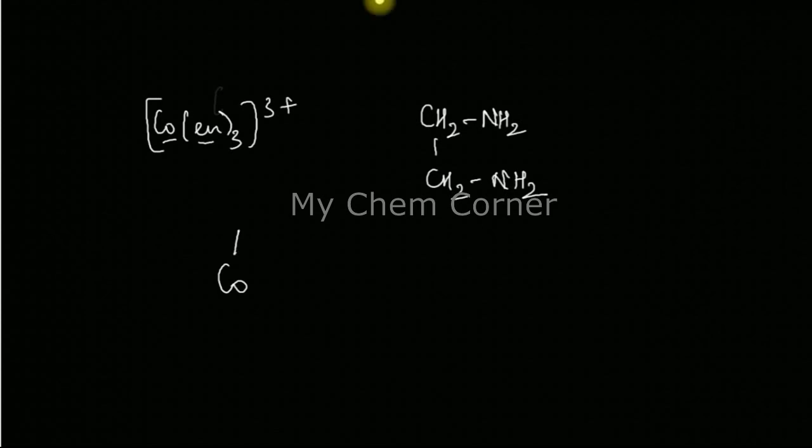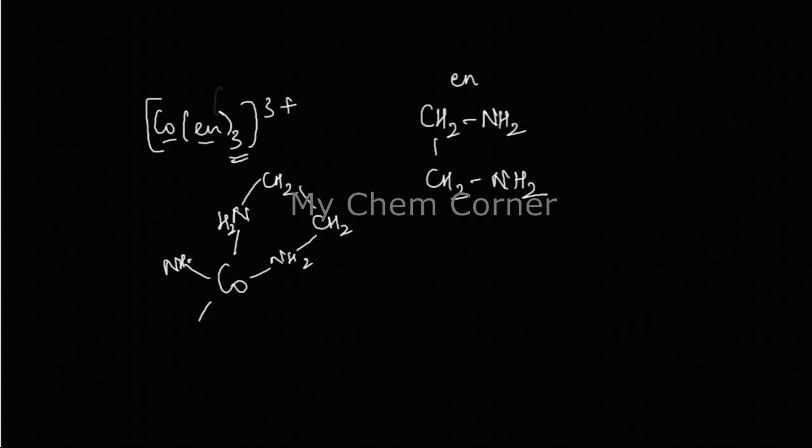I have NH2 bonding with CH2, CH2, NH2. This is one ethane-1,2-diamine, designated as en. Like that I have 3 of them over here.